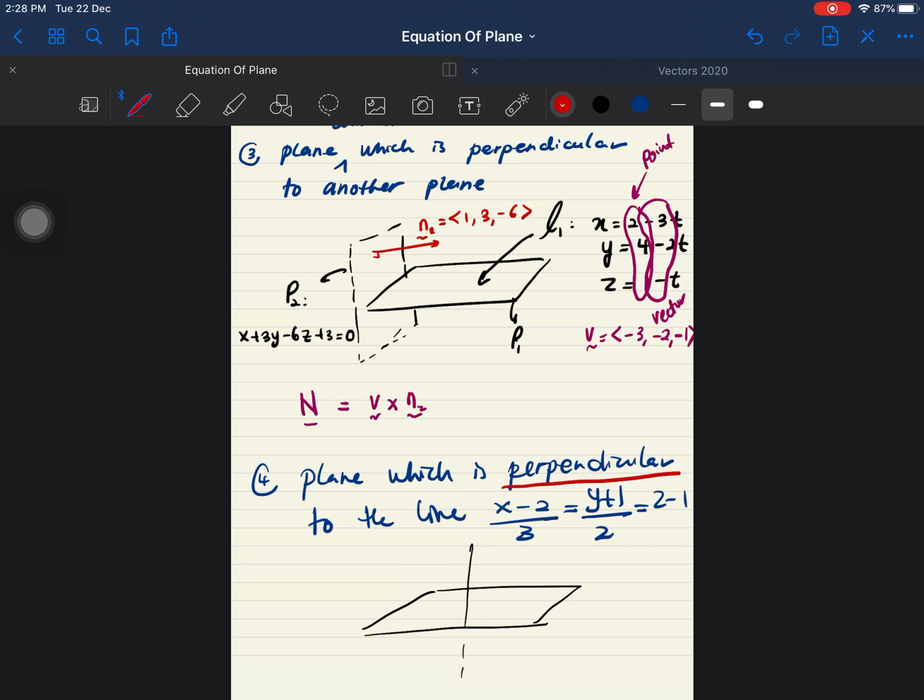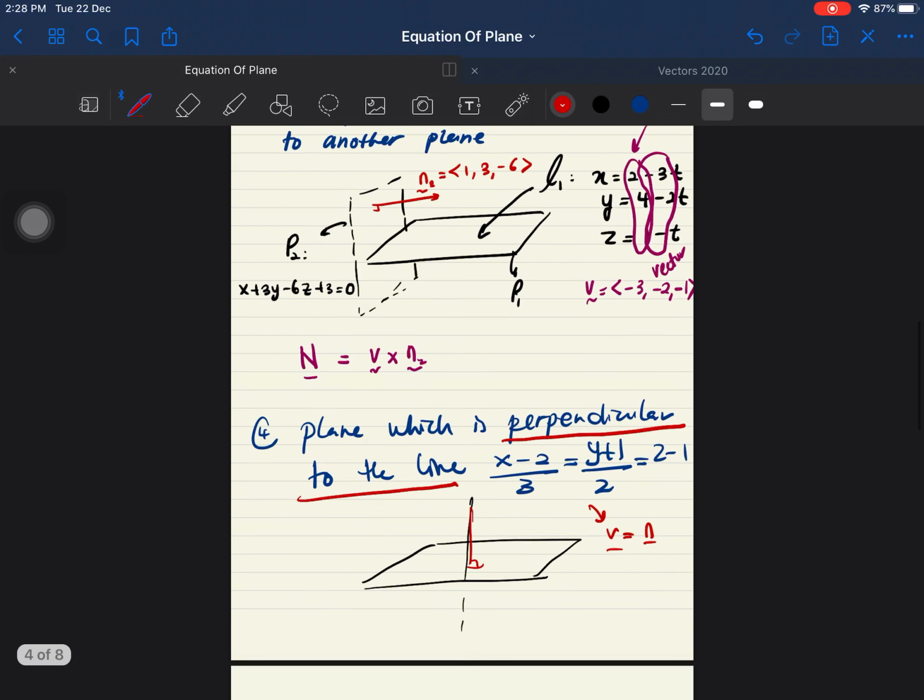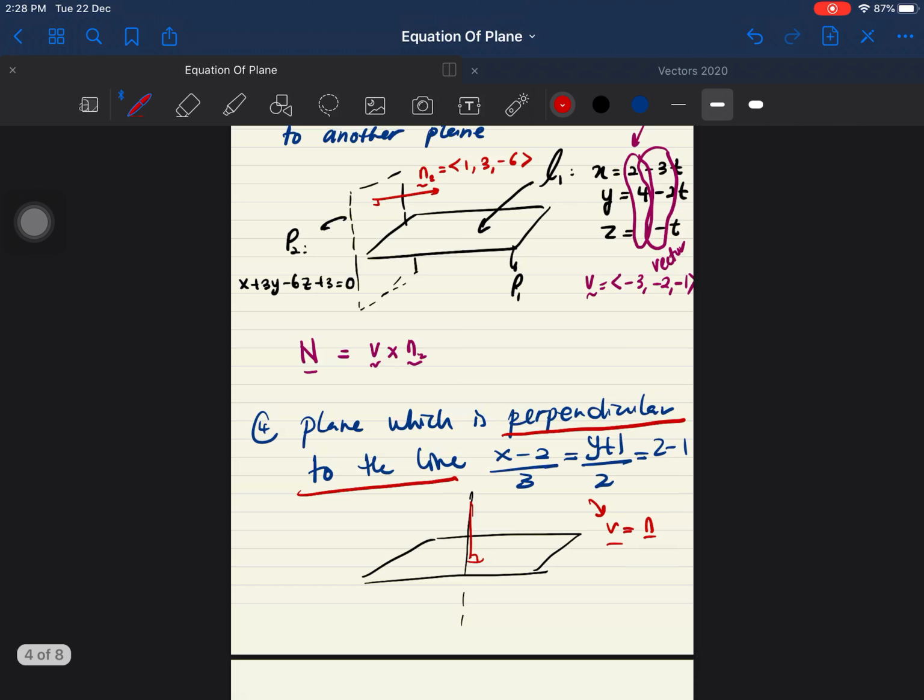Okay, so disebabkan ayat ni perpendicular to the line, so vector dekat sini akan jadi normal vector. Okay, sebab dia perpendicular. Normal vector kan sudut 90 kan. Okay, so what will be the normal vector here? So the normal vector is equals to 3, 2, 1.